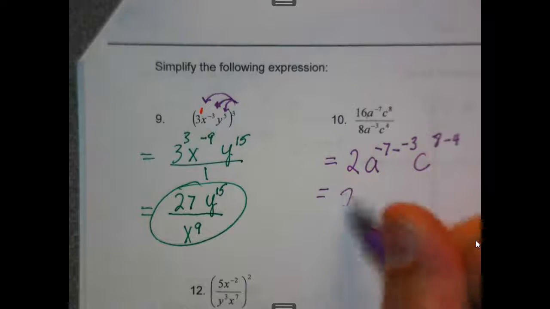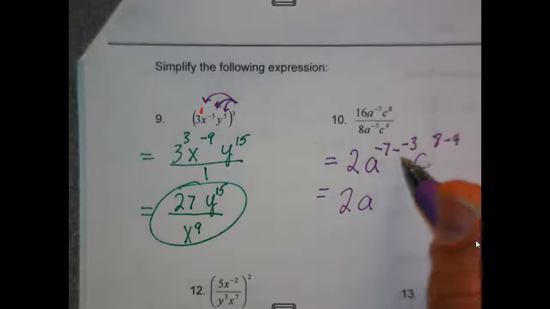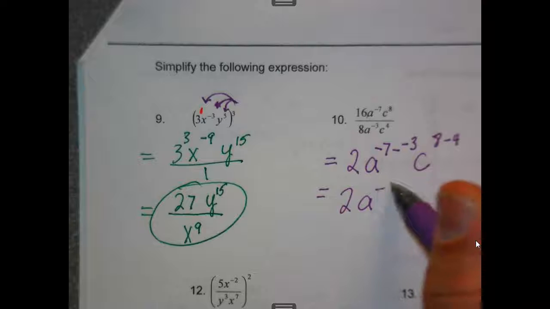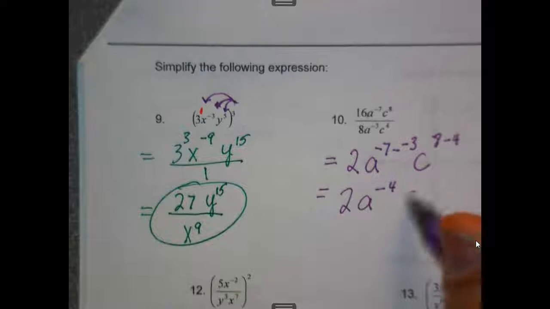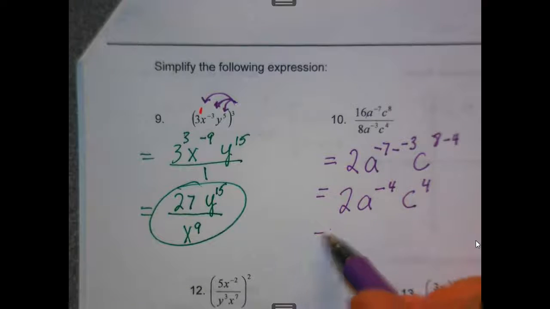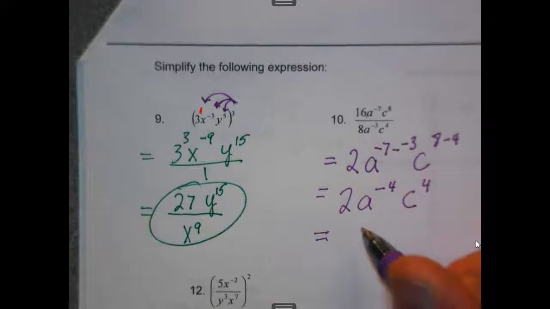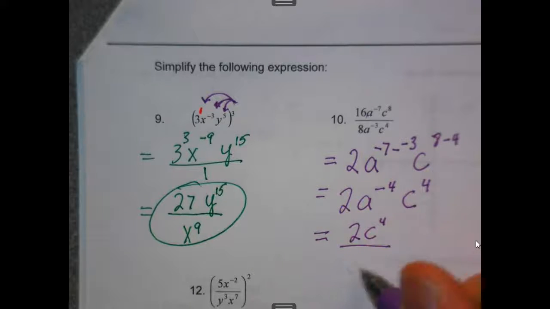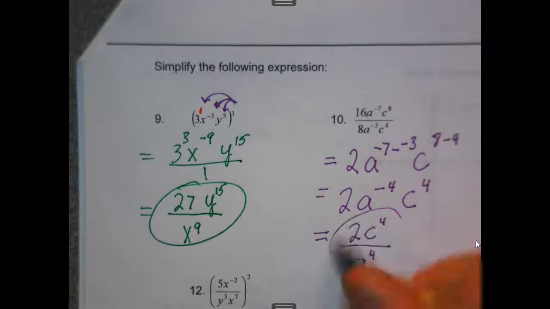So I get 2a to the negative 7 plus 3 is negative 4, c to the 4th. And I can't leave negative exponents in the answer, so I have 2c to the 4th on top, a to the 4th on the bottom.